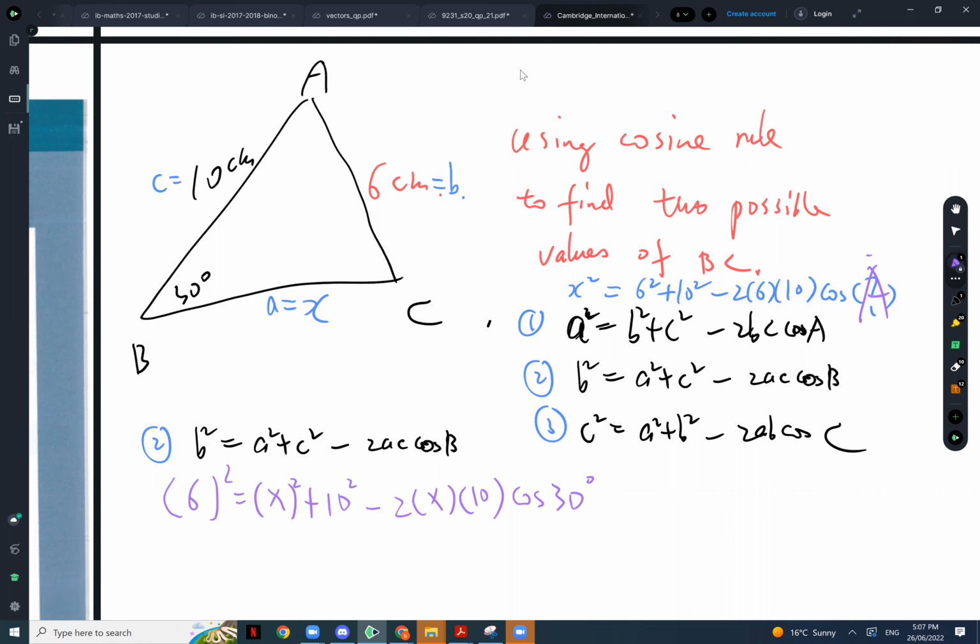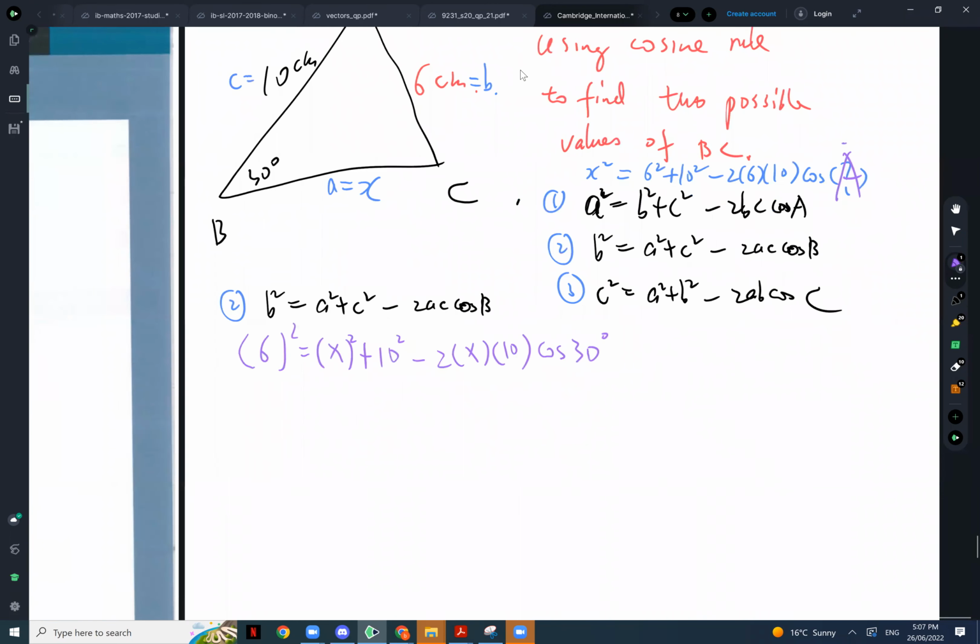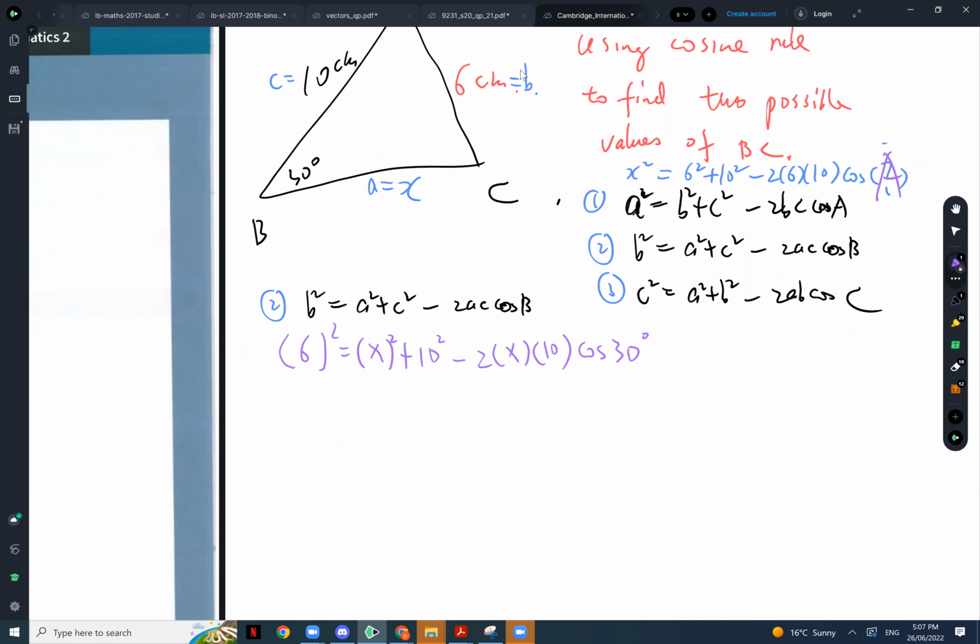So everybody try to solve number 2. If you use calculator, I can tell you the value.